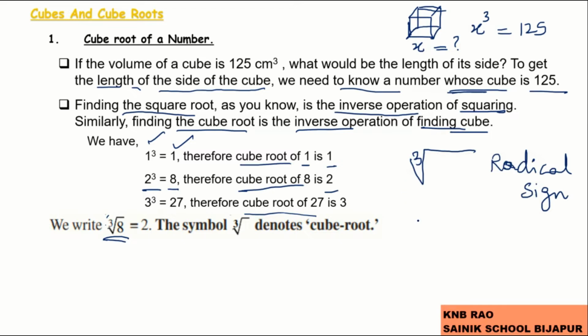Students, to show roots, we will use the radical sign. And to show cube root, we will place that number here. There is a name for it also. This is called index.